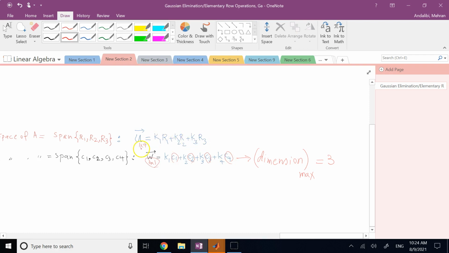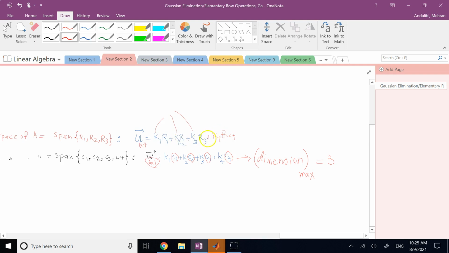What about the row space? So you have a 4D space, right? Because each of R1, R2, and R3 has 4 elements, but the problem is you're only using 3 vectors in that space. So whatever you do in that space, one of the elements is definitely going to be depending on the 3 others. If you had a 4th row, K4 times R4, then yes, now you can have a 4D space, because you have 4 elements in each one of them, and in general all 4 of these could be linearly independent.